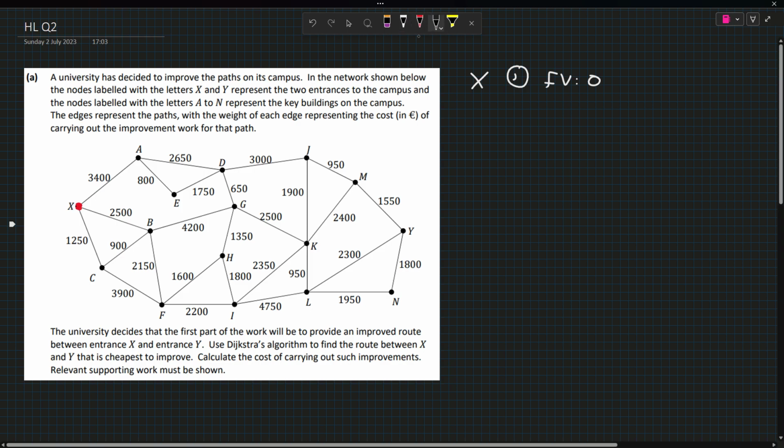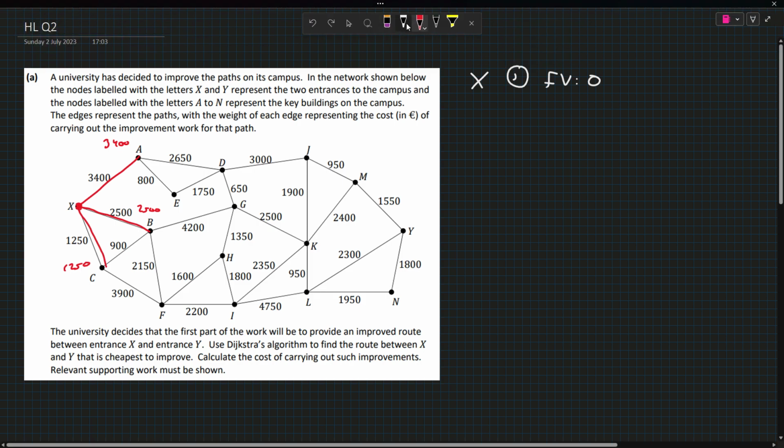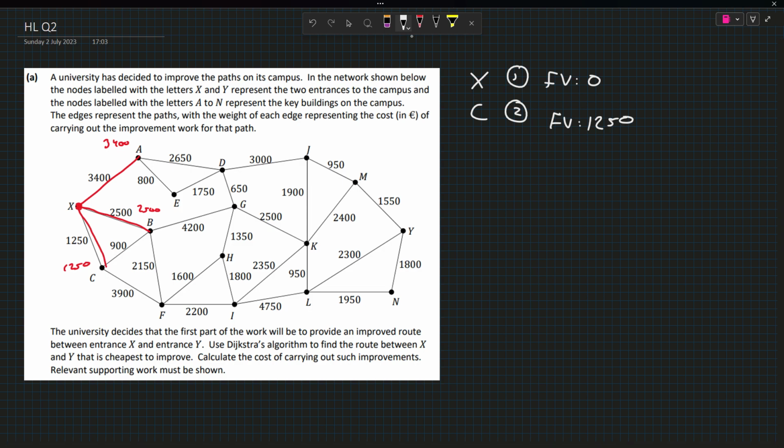So, we can either consider going from x to a, which is 3400, x to b, which is 2500, or x to c, which is 1250. So the smallest one of all of these is c. So we're going to have c next. This says priority 2, final value of 1250.